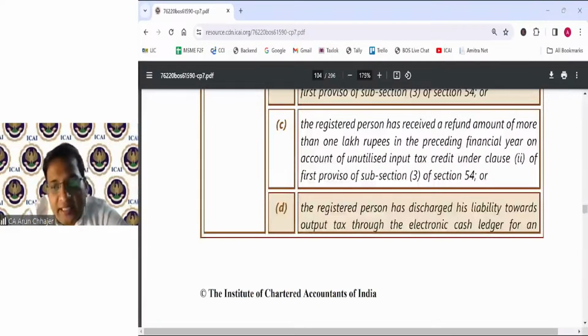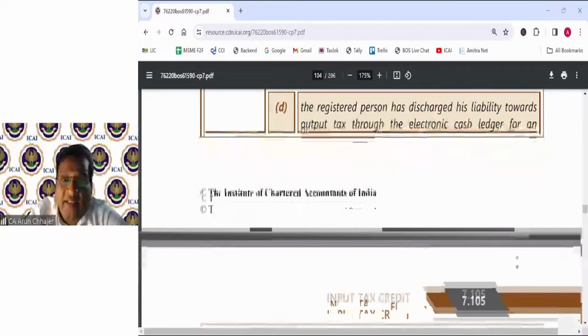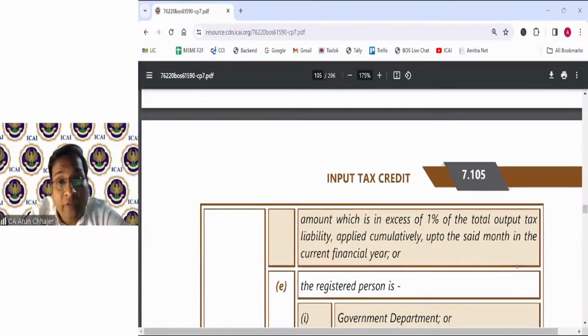Then clause D says that the registered person has discharged the liability toward output tax through cash ledger for an amount which is in excess of 1% of the total output tax liability, applied cumulatively up to the current month in the current financial year. Let's say I'm sitting in the month of November, filing October GSTR-3B.